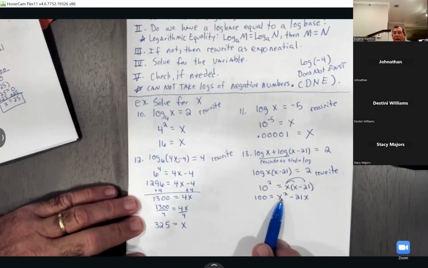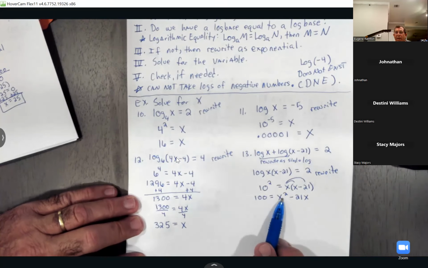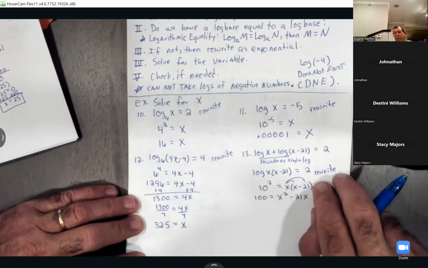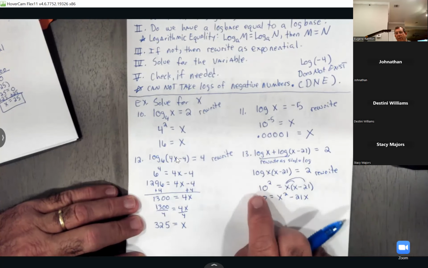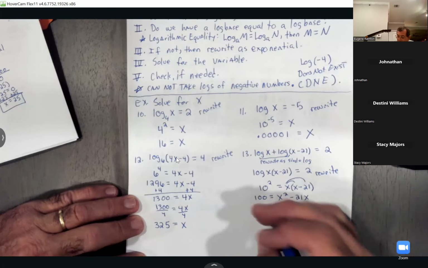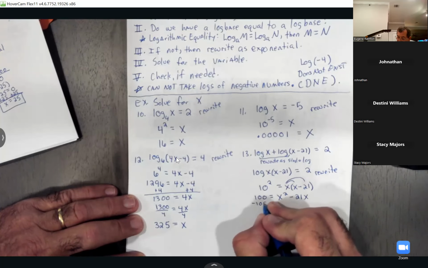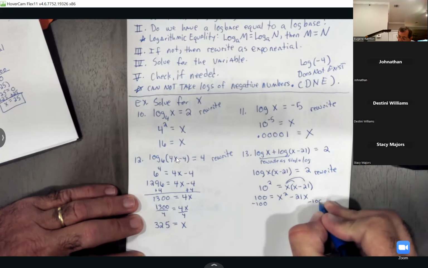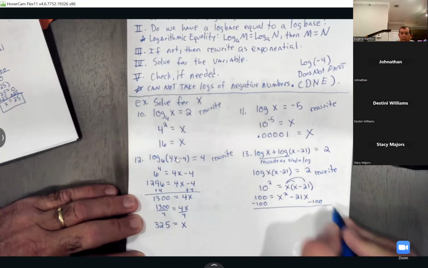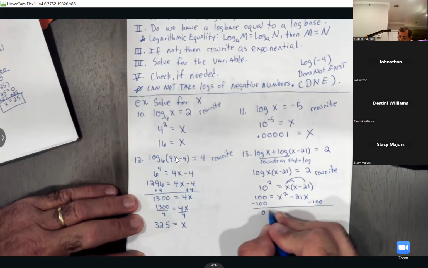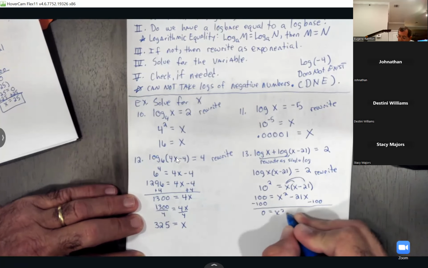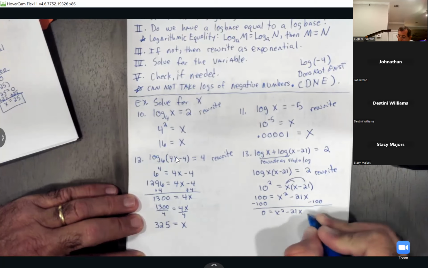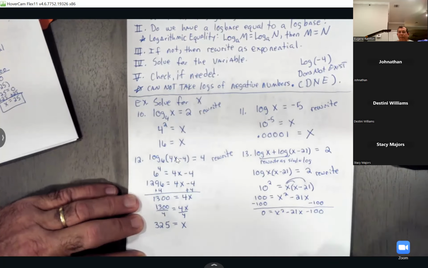This one's quadratic. I got an x squared term in it. So I need everything on one side equal to a 0. So to get a 0 over here, we're going to subtract our 100. So y'all look here. You got a 0 equal to x squared minus 21x minus that 100.